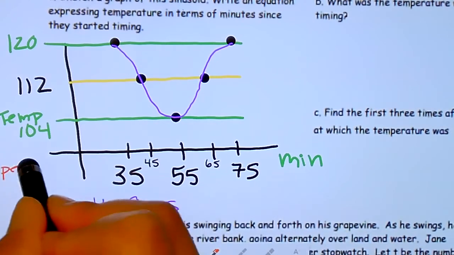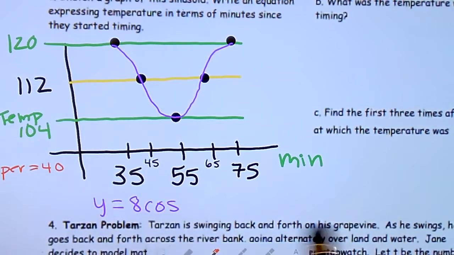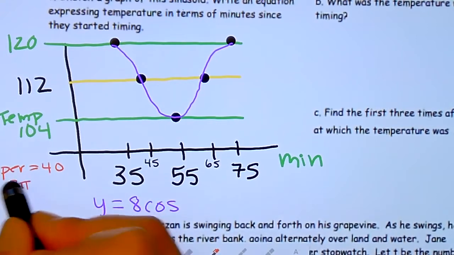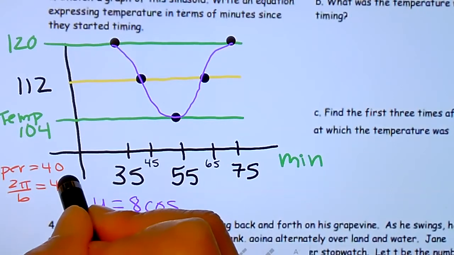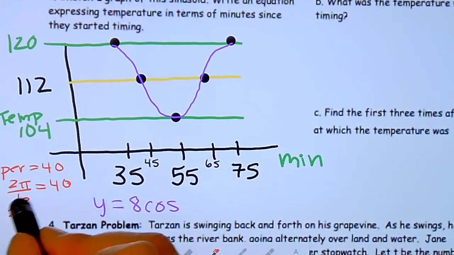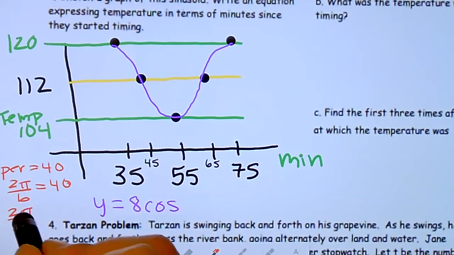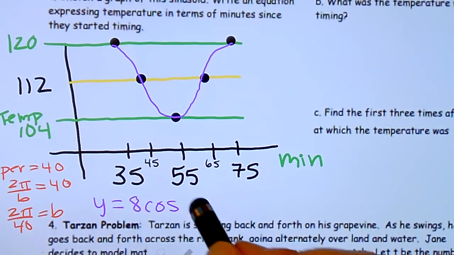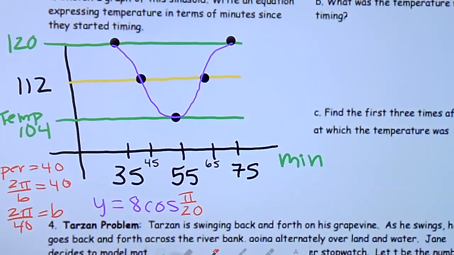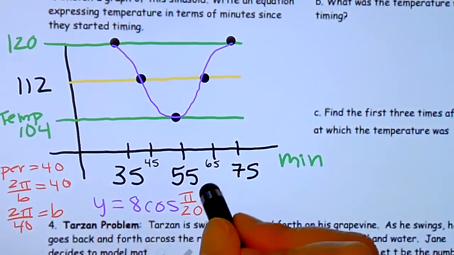Period equals 40. So if I do 2 pi over b equals 40, I get 2 pi over 40 equals b, which is going to be pi over 20. And it's going to start at 35.